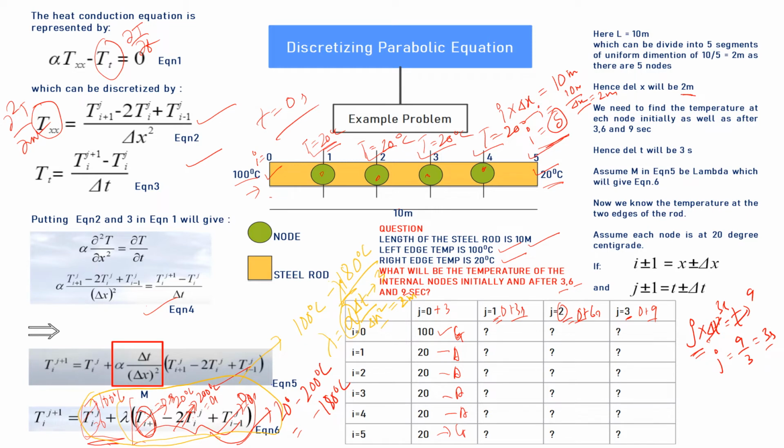Now this alpha will be given, or you can find it out by alpha is equal to K by rho C.